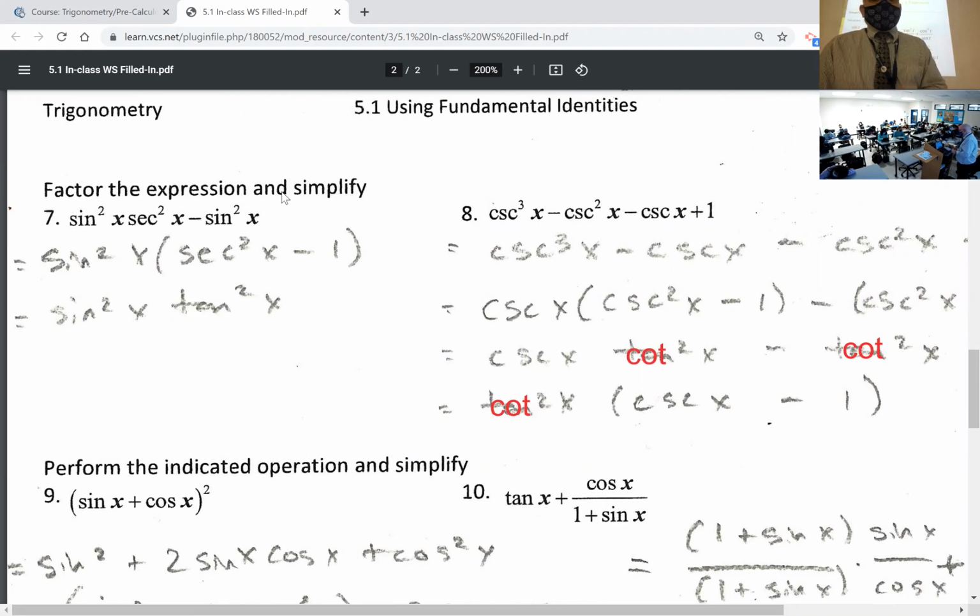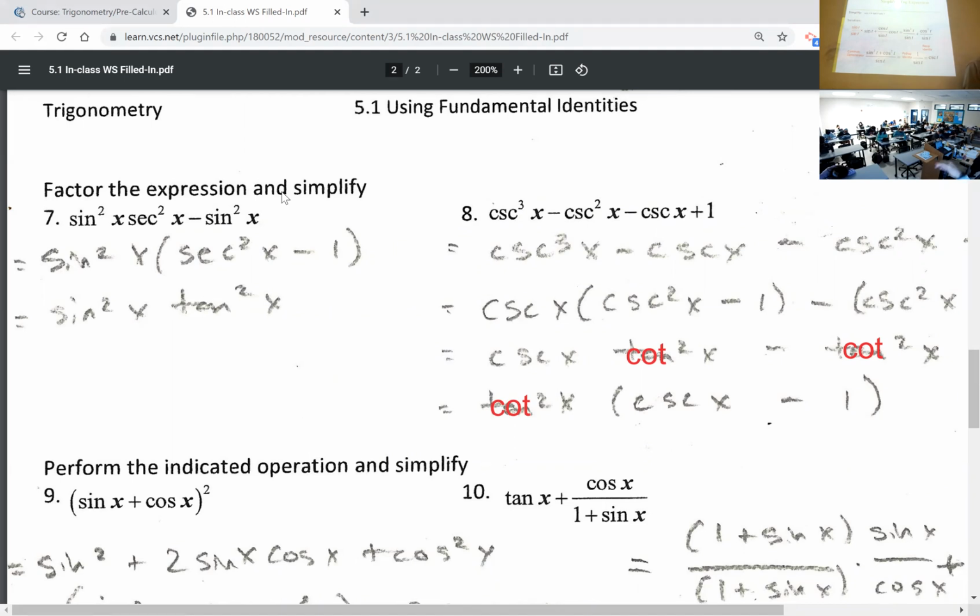Factor the expression and simplify this one. I've got sine squared x times secant squared x minus sine squared x. Now the first thing I see is that I've got a common factor of sine squared. So let's factor that out. Now I've got sine squared x times secant squared x minus 1.